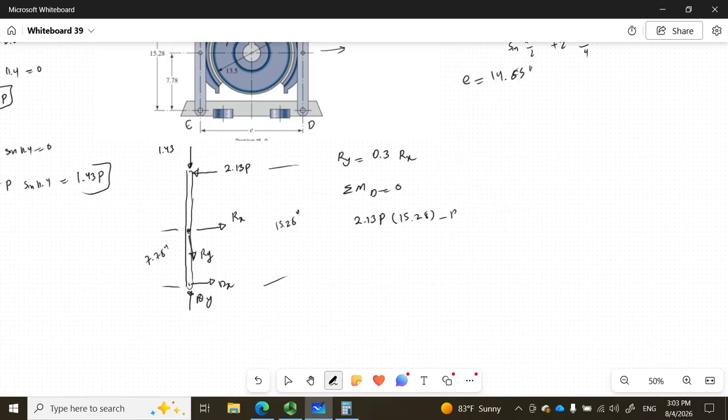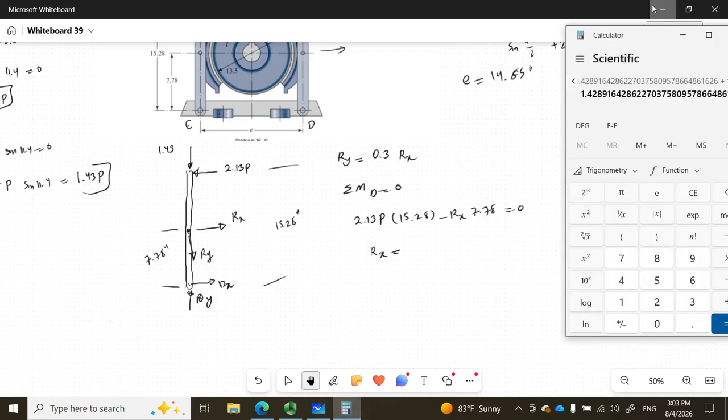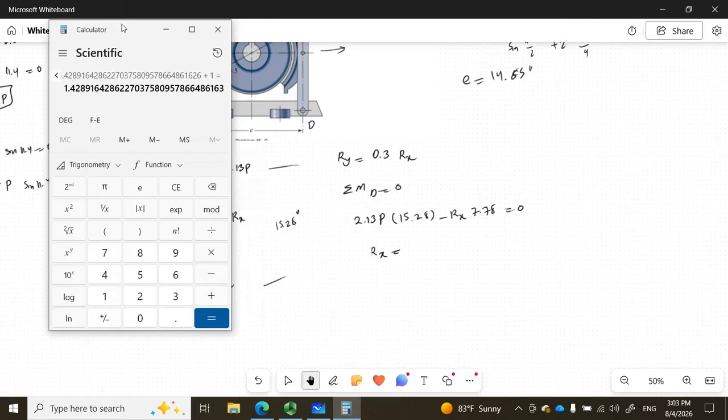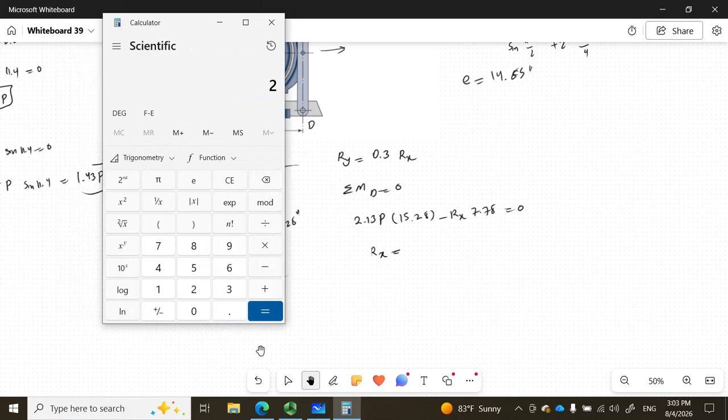So Rx times 7.78, and then from here Rx equals 2.13 times 15.28 divided by 7.78.